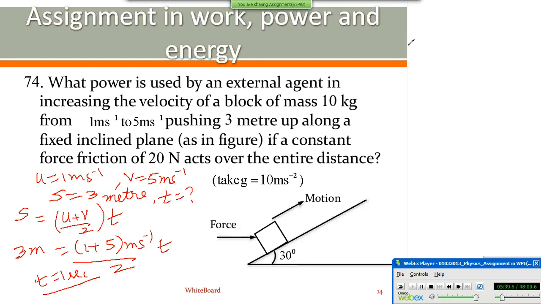So applying the work energy theorem, change in the kinetic energy of the block is equal to total work done by all the forces acting on the block. Let W subscript A denote work done by the pushing force applied by the agent on the block, plus work done by the gravitational force on the block, plus work done by force of friction on the block, plus work done by normal reaction force on the block.